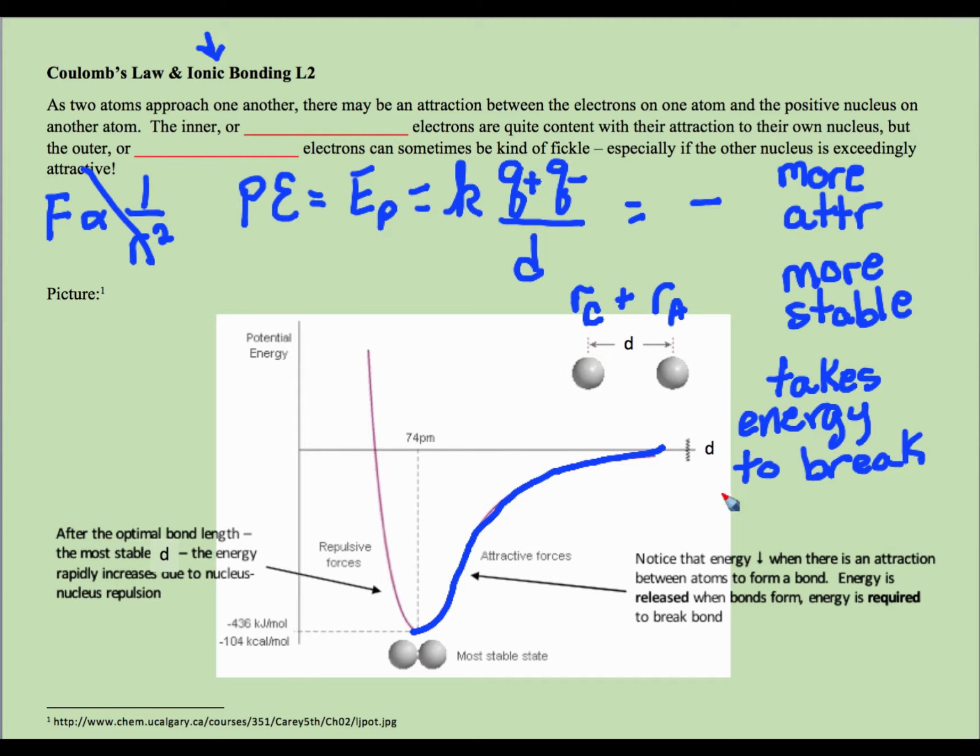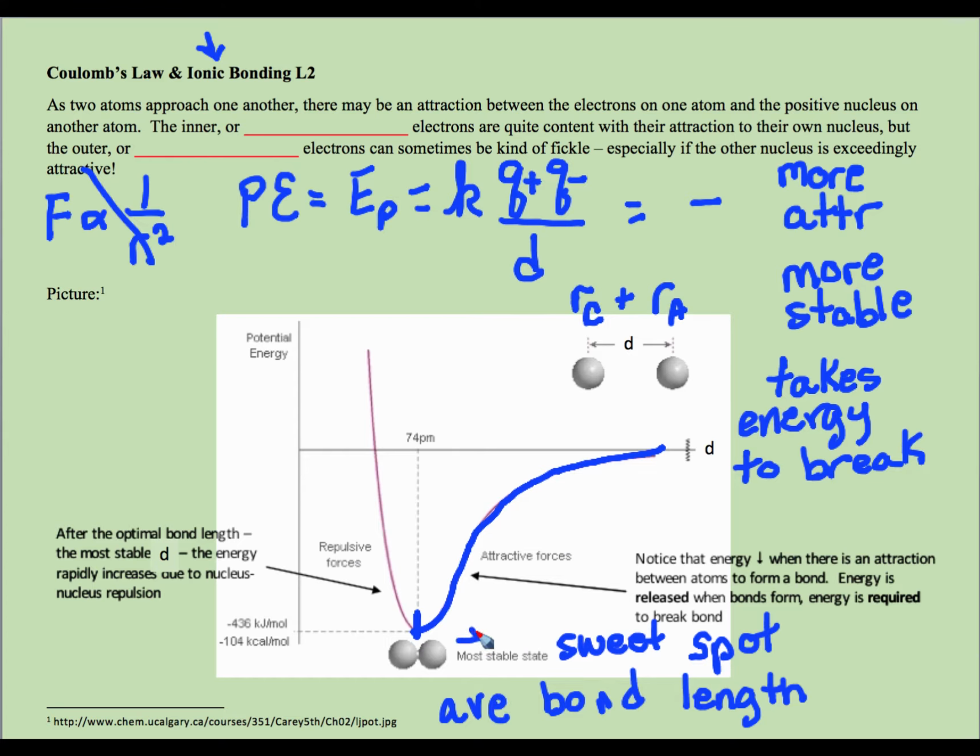As we continue to decrease the distance, we're going to hit what I like to call a sweet spot of stability. That's our bond length. And it's an average bond length because atoms vibrate.